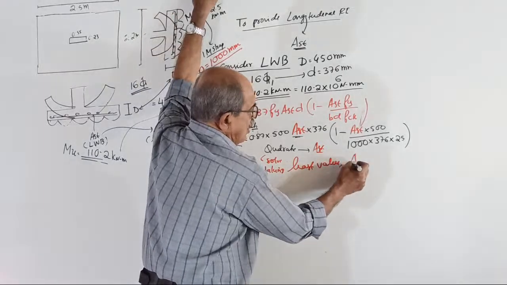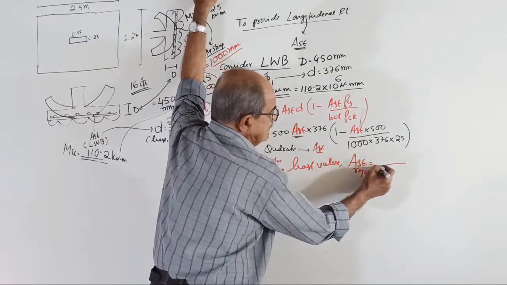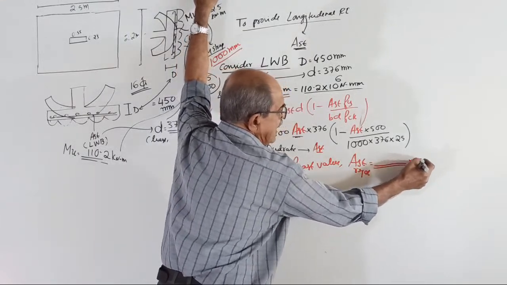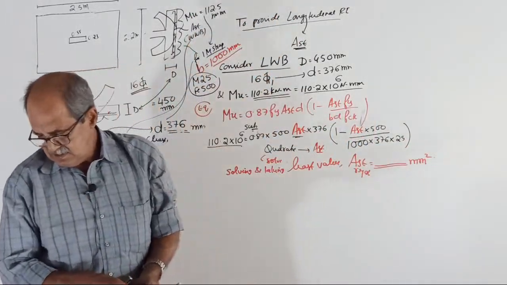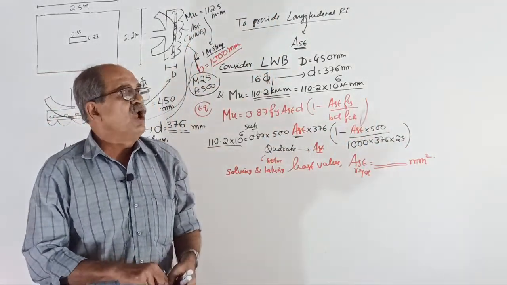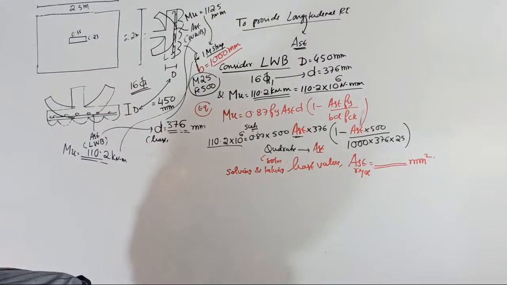Tell the value of AST required first. You tell me the least value, which is the AST required in mm square. Answer correctly, first. Don't give any wrong values.